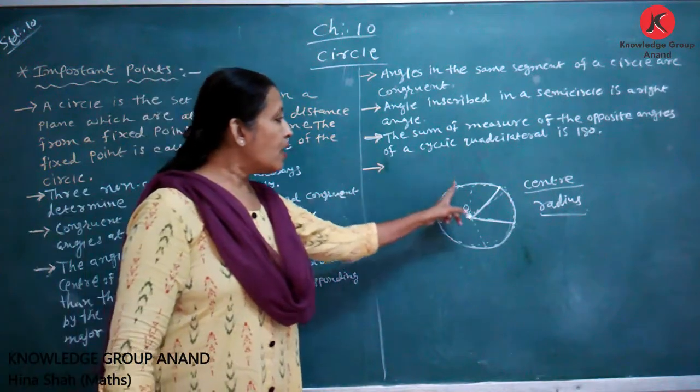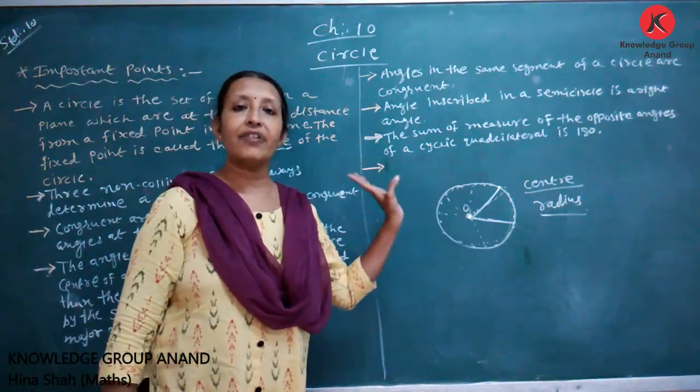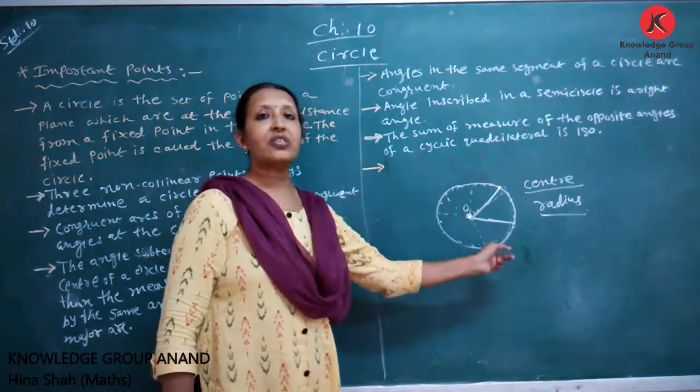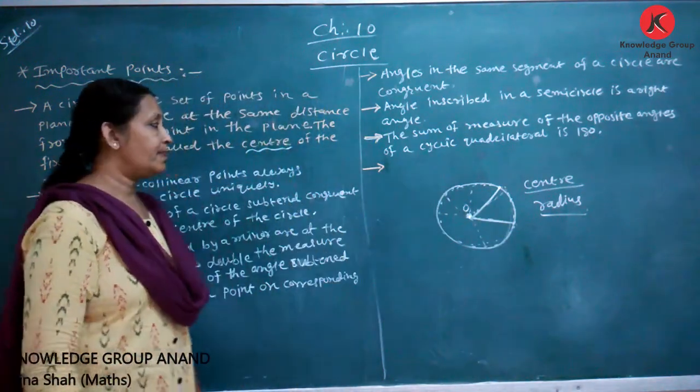In a circle, all the radii have the same measure. Suppose it is 3 centimeter, then it is 3 centimeter, 3 centimeter, 3 centimeter.